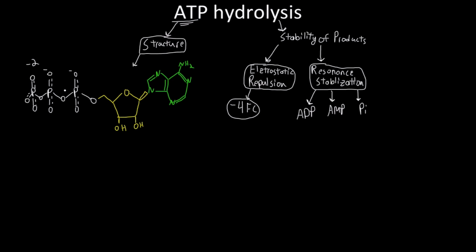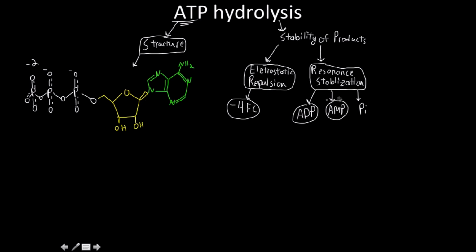So if we cleave this bond here, there would be less negative formal charge in the molecule, and two, more room for the existing negative formal charges to move around. By the same notion, if we cleave this one here, there would be far less negative formal charge and a lot more room for it to move around than in this particular situation. So for ADP and for AMP, that is definitely appropriate.